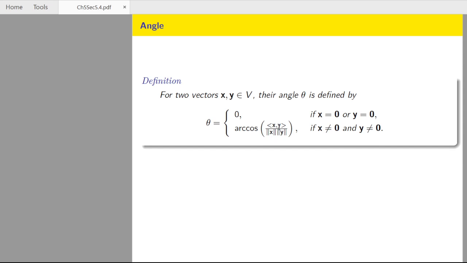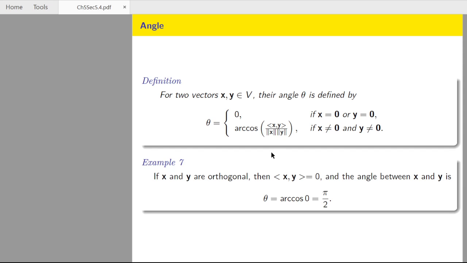Now, based on the Cauchy-Schwarz inequality, we know this quotient is between -1 and 1. So in this way we can define the arc cosine for this value. Now, this arc cosine value here is the angle. For this, we can say the angle between x and y is a value between 0 and pi, because arc cosine takes values from 0 to pi.